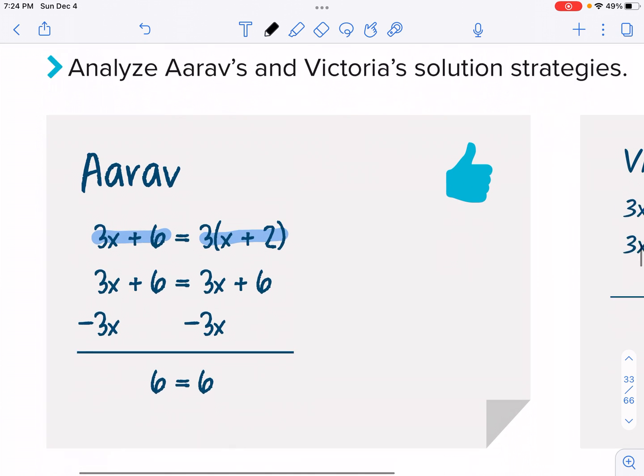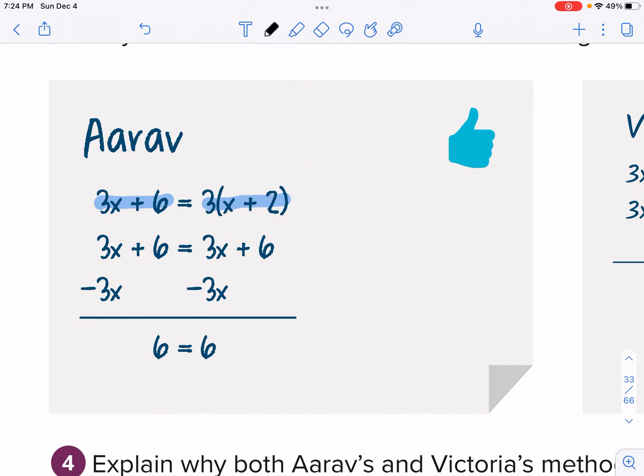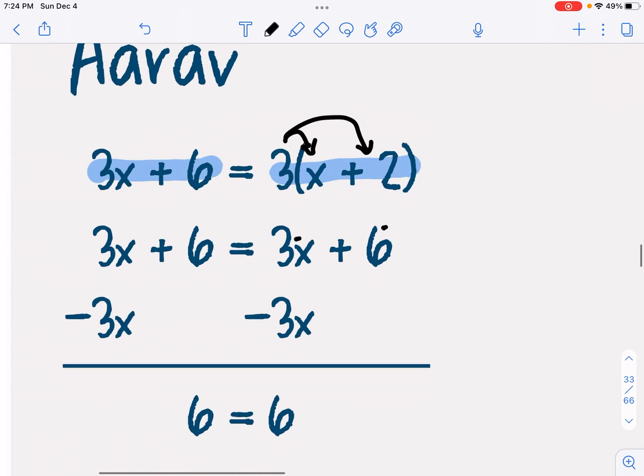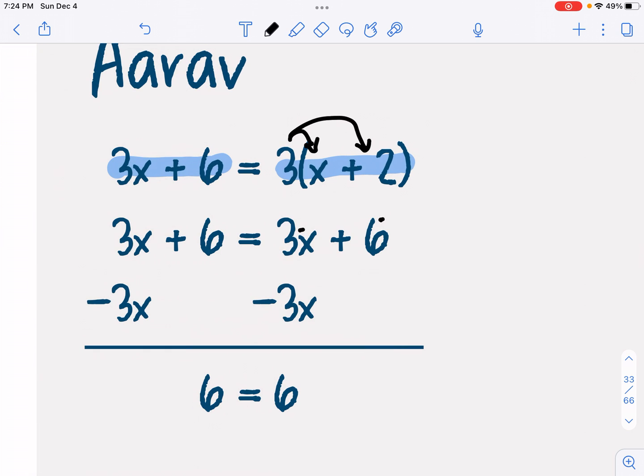Okay, so what did they do here? First of all, Arav decided to use the distributive property. That's where you multiply 3 times x, which is 3x, and 3 times 2, which is 6. And then we have this thing. We're probably trying to move variables to one side. Let's say we move all the x variables to the left side. We have a positive 3x, so we subtract 3x from both sides.